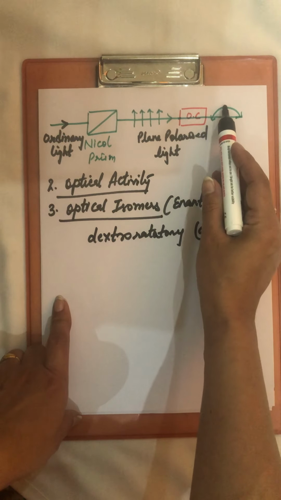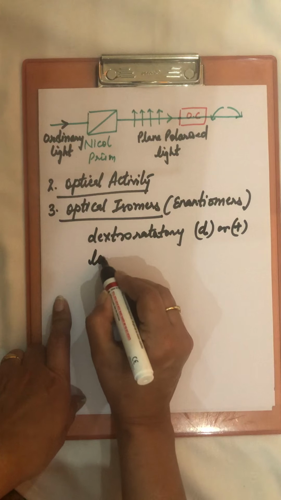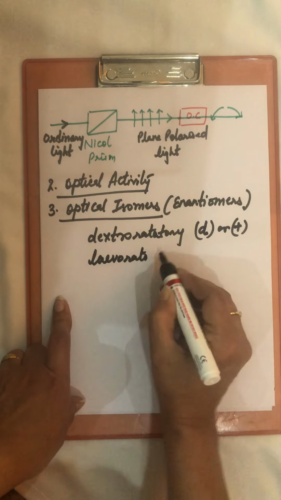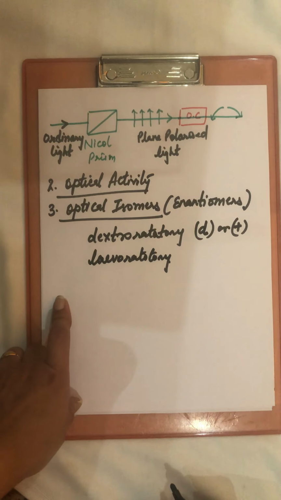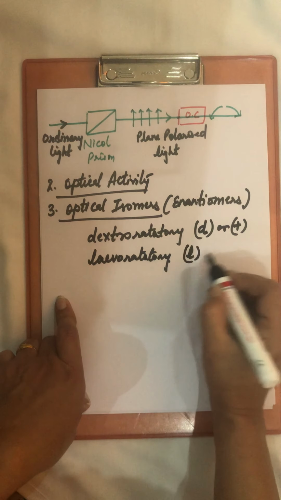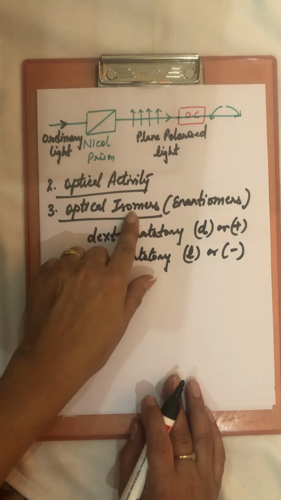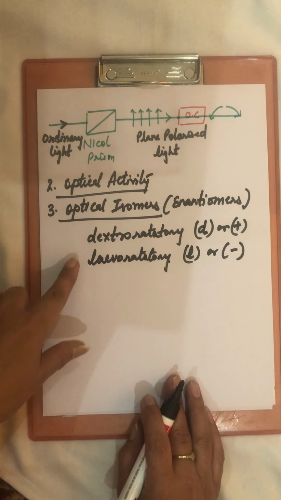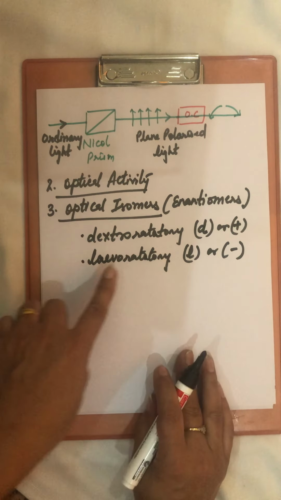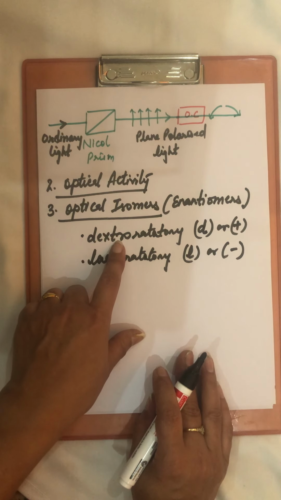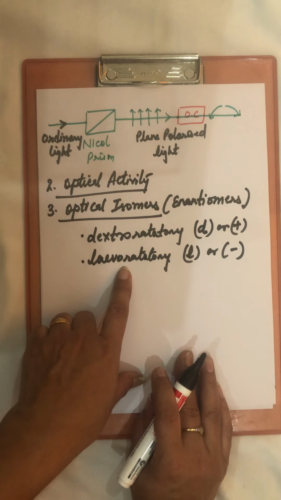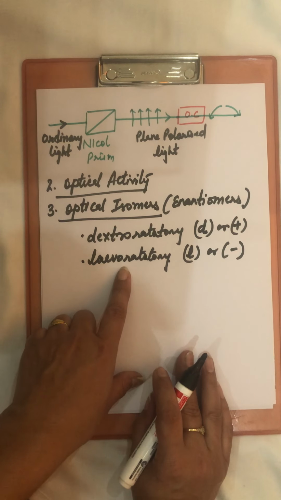And if the light rotates on left hand side, then that optically active compound is levorotatory, denoted by small l or negative sign in a bracket. That means optical isomers or enantiomers are of two types, dextrorotatory and levorotatory. If the plane polarized light rotates to the right hand side, that optically active isomer is dextro, and if it rotates on the left hand side, that isomer is levorotatory.